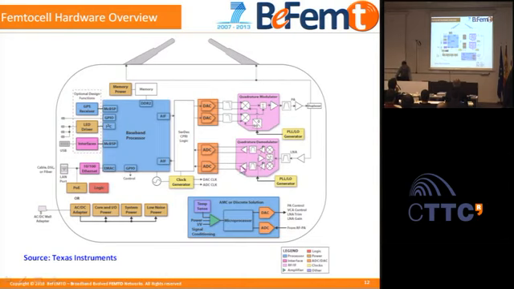This is a transmitter, and this is a receiver part. You can also find here the power supply part that feeds all the circuitry related to the femtocell. Here there are the antennas. This is an FDD femtocell because it employs a duplexer here. This is more or less the parts that you can find in a femtocell hardware.